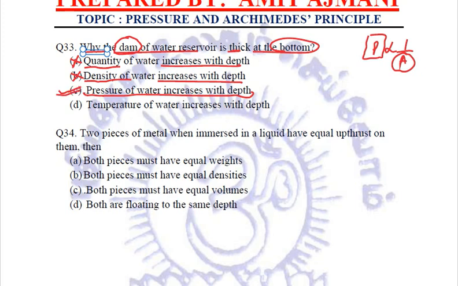This is the answer, that it is all related to reducing the pressure. Nothing to do, of course, with the temperature also. So the right option is C. Pressure of water increases with depth. Clear? Coming to the next.